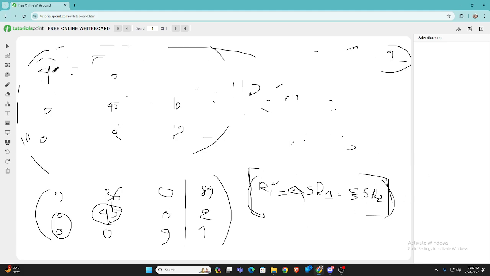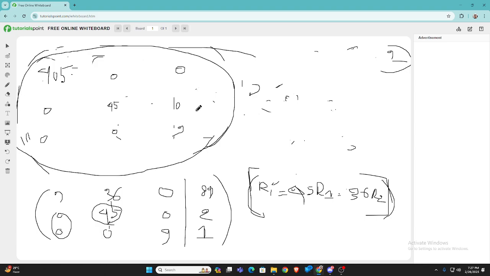So anything multiplied by 0 is already 0. 45, and it will be 0. Yeah, it will be 0 as well. Alright, so this is, gentlemen, our reduced row echelon form. This 0 0, everything is 0. That's it, and you can calculate it yourself.